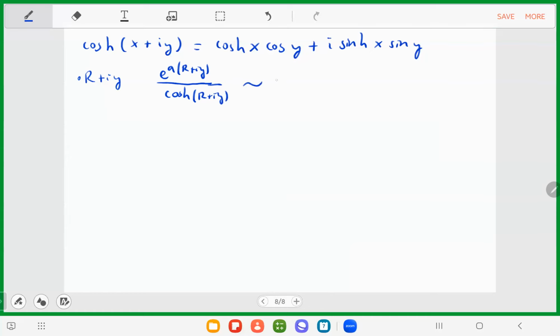This will grow like the exponential of ar divided by the exponential of r, because remember the hyperbolic cosine here and the hyperbolic sine here will have an exponential of r and an exponential of minus r. When r goes to infinity, the exponential of minus r goes to 0. And this will grow very fast as the exponential of r. Now, since a, we said, is between minus 1 and 1, then this will go like the exponential of (a minus 1) r, right?